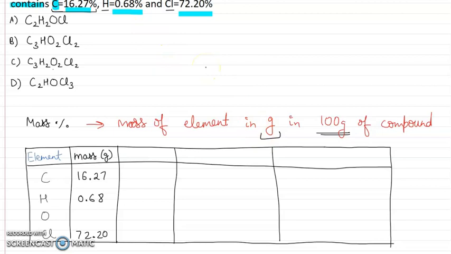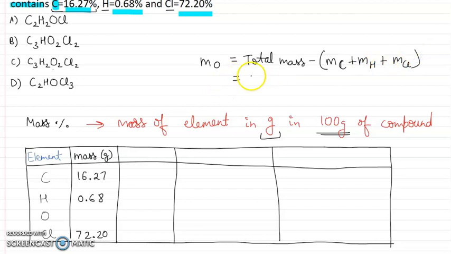Now we need the mass of oxygen. To find it, we have to subtract the masses of carbon, hydrogen and chlorine from the total mass. So total mass minus (mass of carbon plus mass of hydrogen plus mass of chlorine).